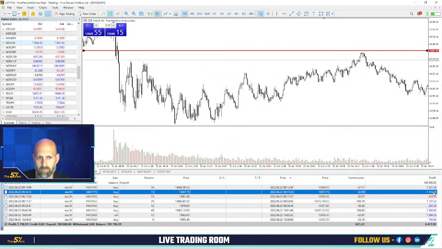So this is probably the best thing about trading that we as retail traders have, is that we can actually manage the trade. We can play with it along as it continues in our favor or against us. We don't have to be like robots that just place a stop loss and take profit.